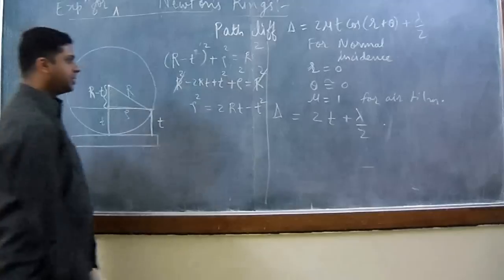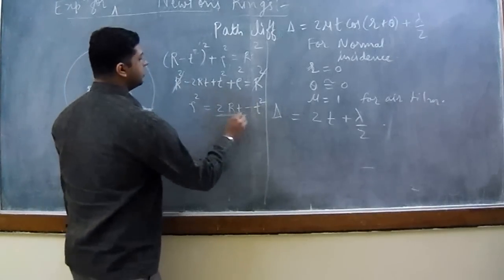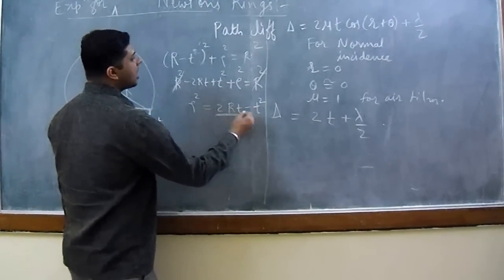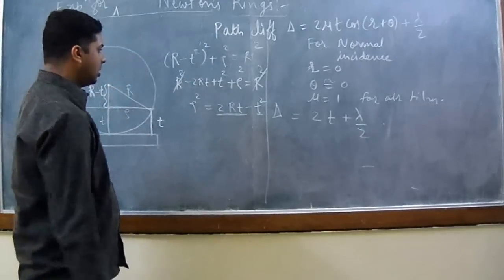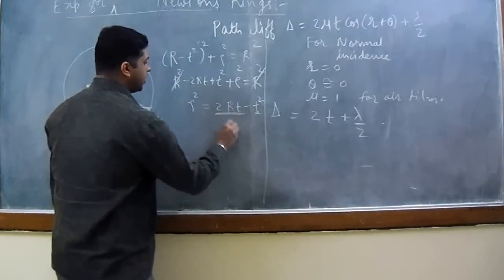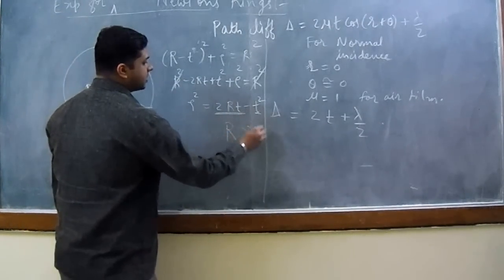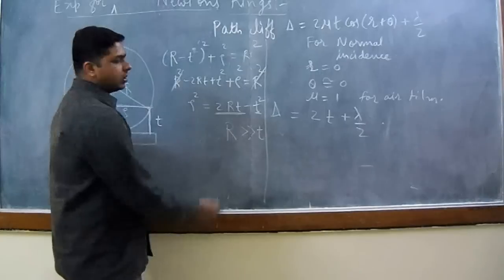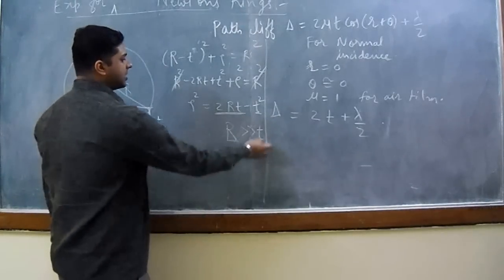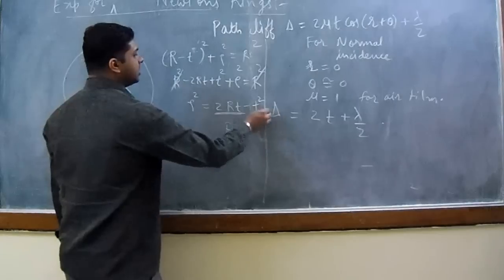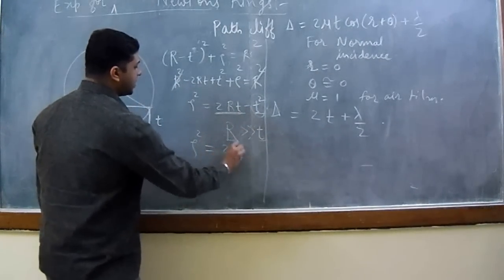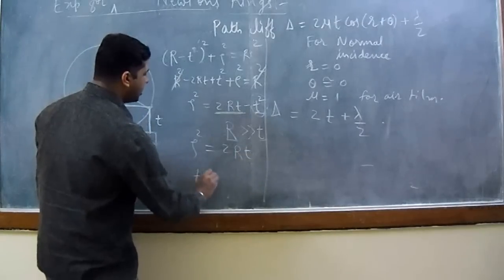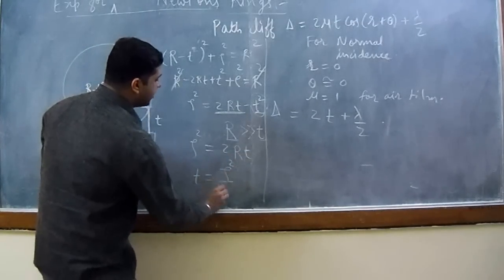Now if you look at this expression, this term includes 2 times R into t and this term is nothing but t squared. So if we compare the radius of curvature of the plano-convex lens with the thickness of the film, the radius of curvature being very large compared to the thickness of the film, this t squared can be neglected, and hence we can write rho squared is equal to 2Rt, or t is equal to rho squared upon 2R.